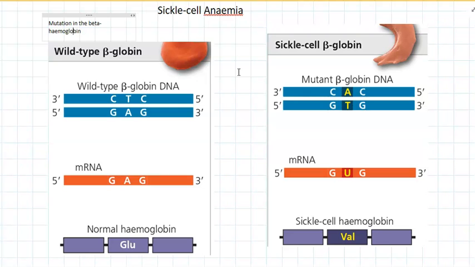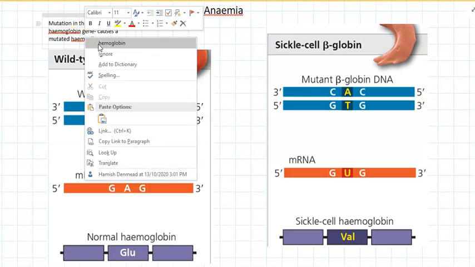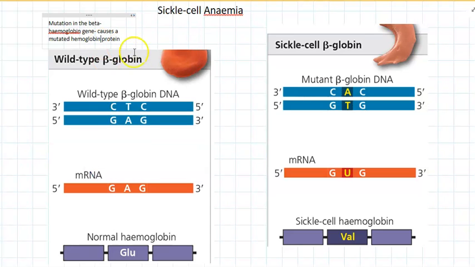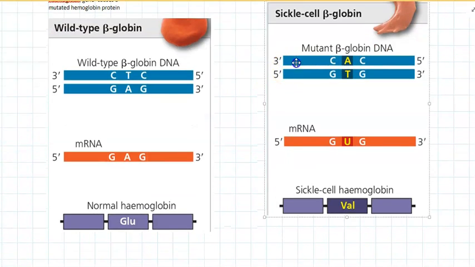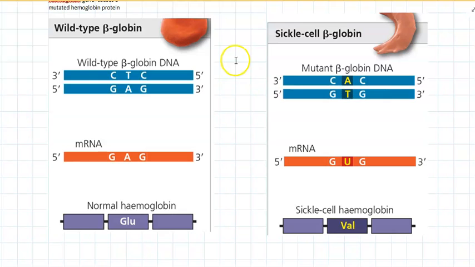So there's a mutation in the beta hemoglobin gene, and it causes a mutated hemoglobin protein. As we've learnt before, a mutation in the genetic code will change the protein, and it might cause the protein to lose its function completely, or it might cause it to have a reduced function like it does in this disease.